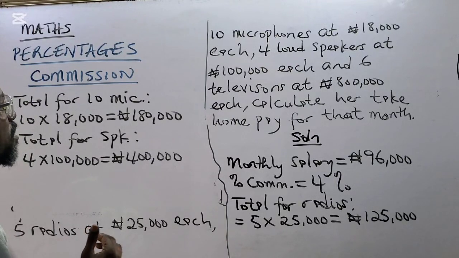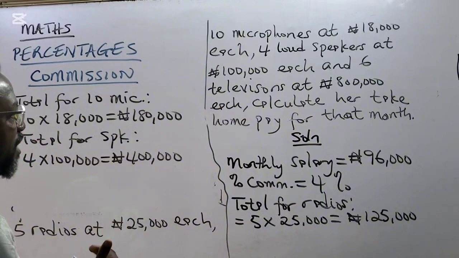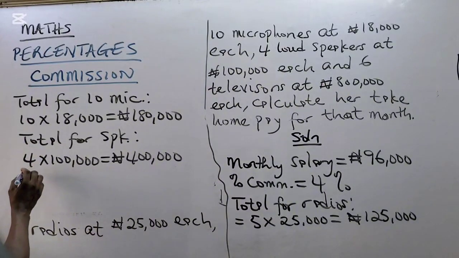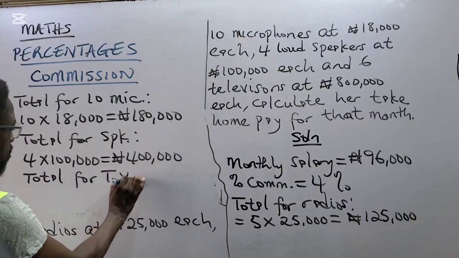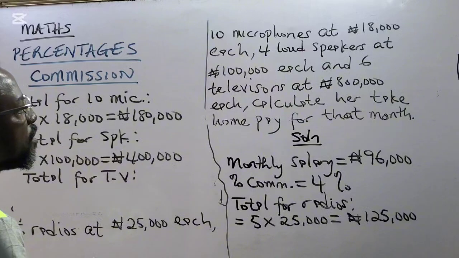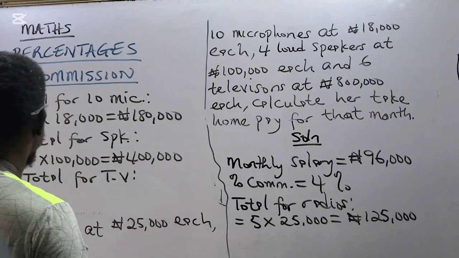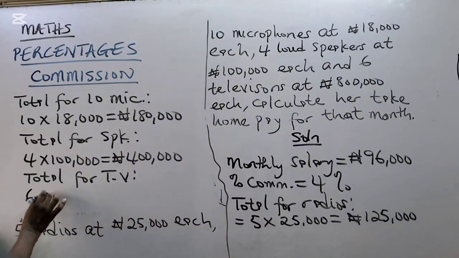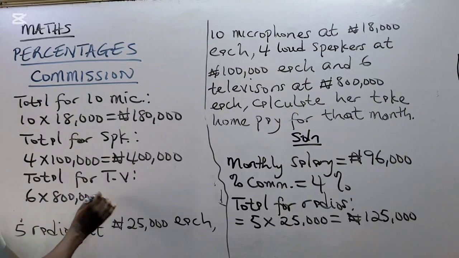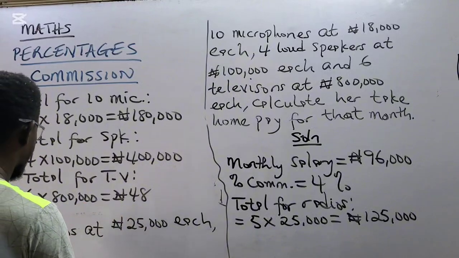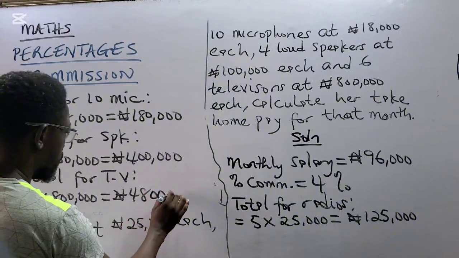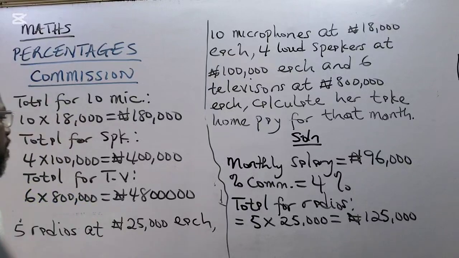And 6 televisions at 800,000 naira each. The total for the televisions will be 6 times 800,000. I have 4.8 million naira.